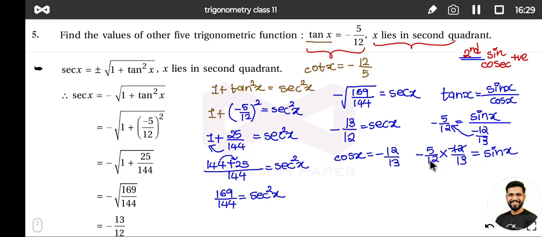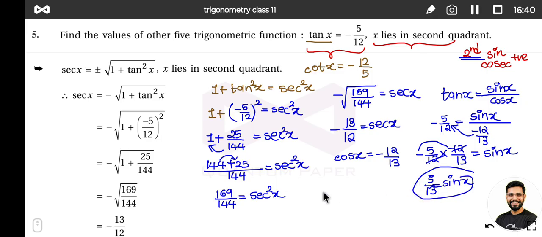So this 12 and 12 will get cancelled, minus minus gives plus, so we'll get 5 over 13 is equal to sin x. So the value of sin x is 5 by 13. If we take the reciprocal of sin x, we will get cosec x, which is equal to 13 by 5. Okay, so this is how to find the other trigonometric ratios by using trigonometric identities.